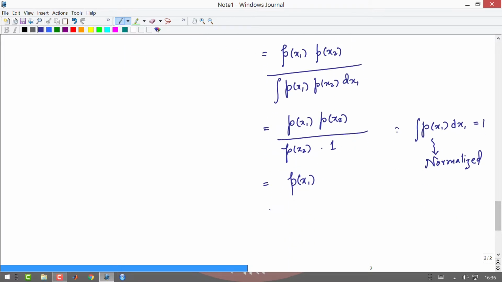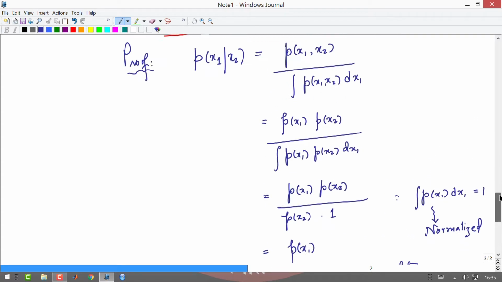Okay, so this is the unconditional probability, and if you look at the left hand side, what you have is basically a conditional probability.